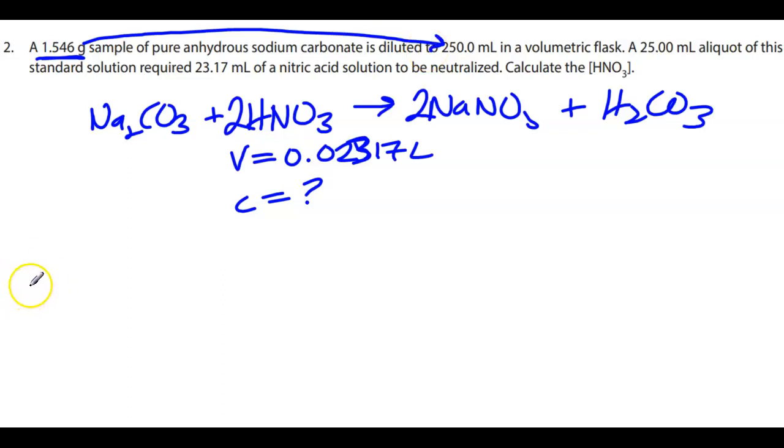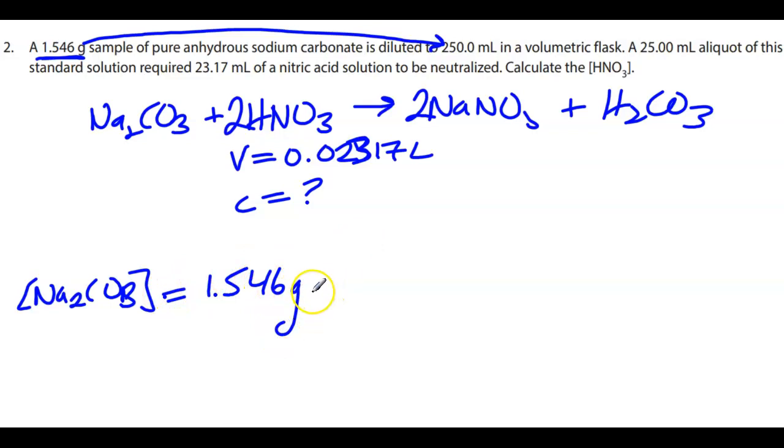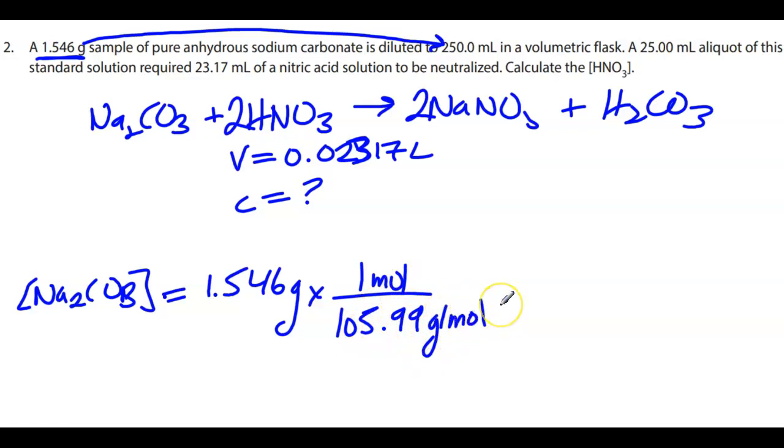So our concentration of our sodium carbonate is going to be 1.546 grams, and then we have our molar mass, which is 105.99 grams per mole. Oh my gosh, I'm writing grams per mole, but then I wrote moles there.